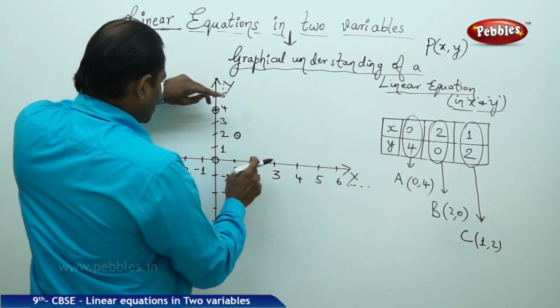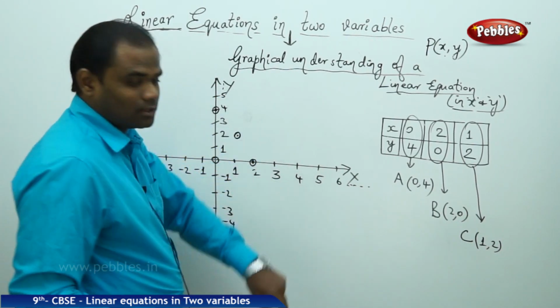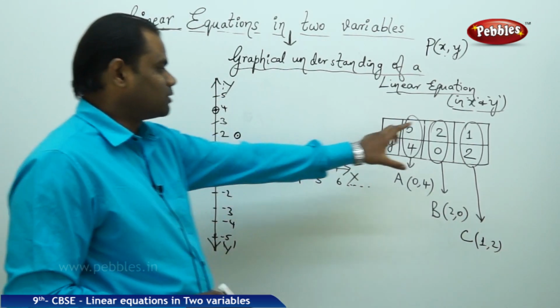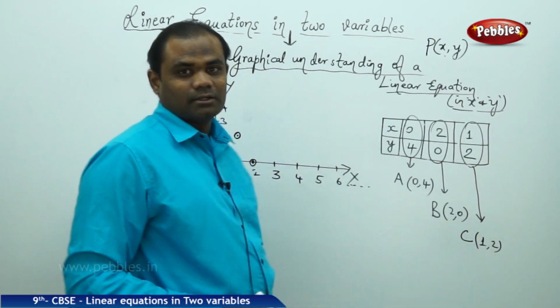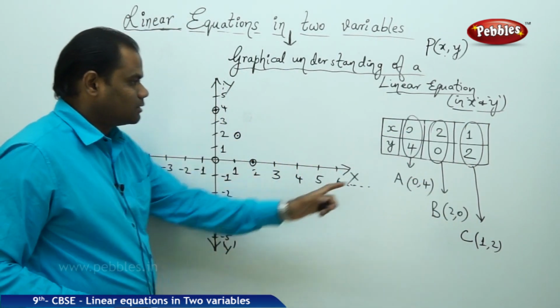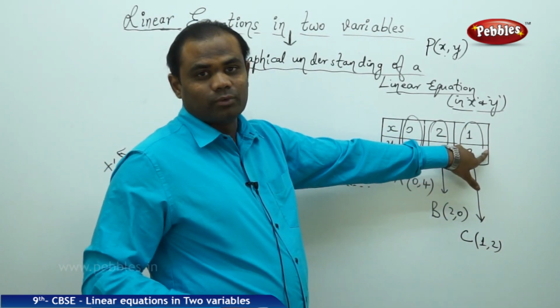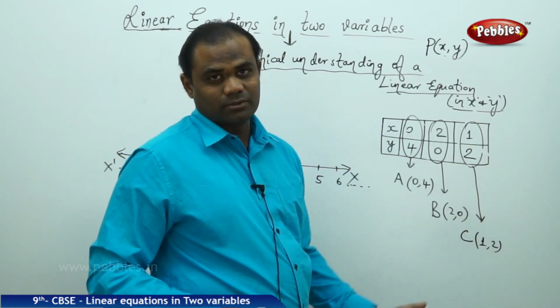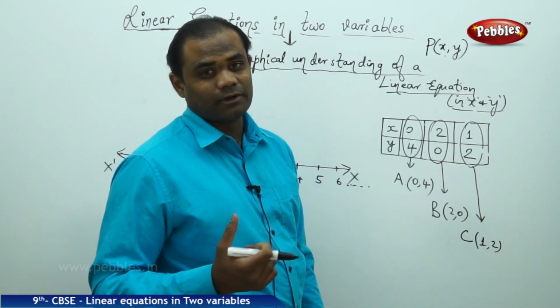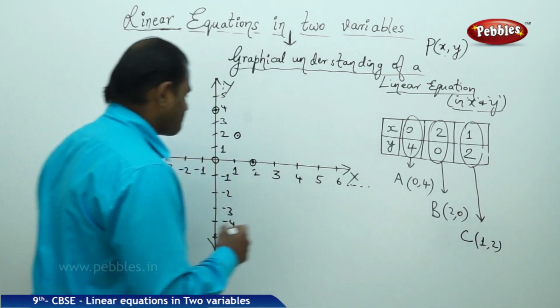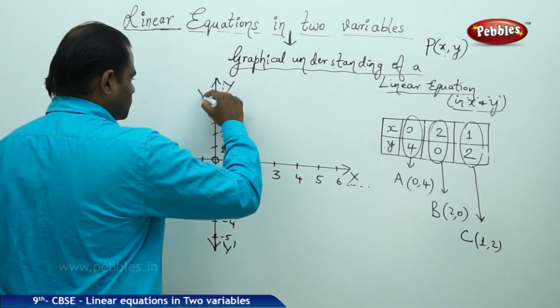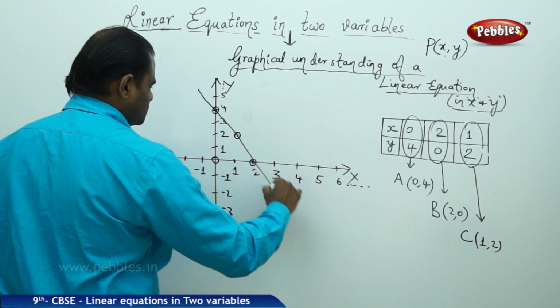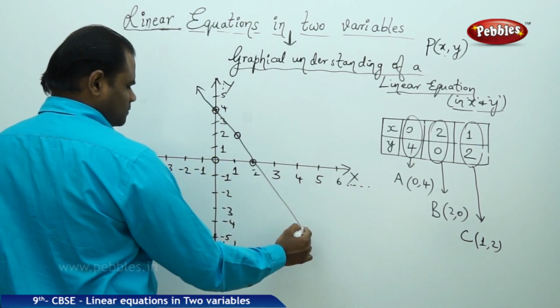Now, as we know, when these two points are joined through a ruler, I get a straight line. The third point is only for verification that it also passes through, or else this would be a wrong equation or something is wrong with the values. This is how we cross-check through the verification process. So now it's about joining the line.